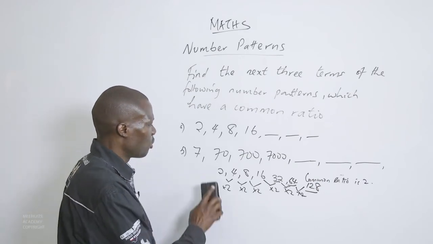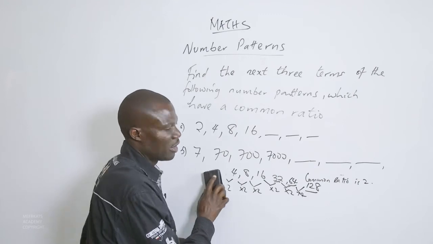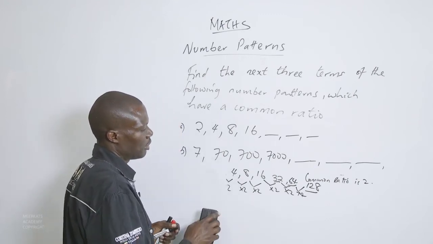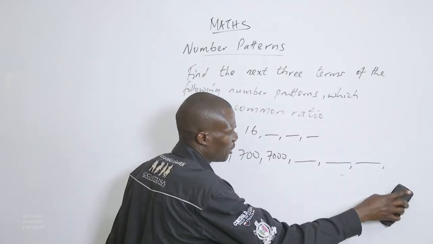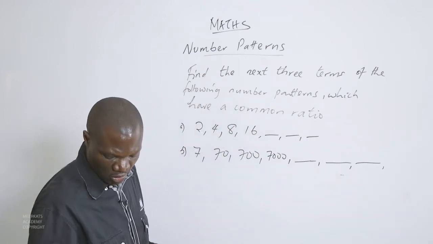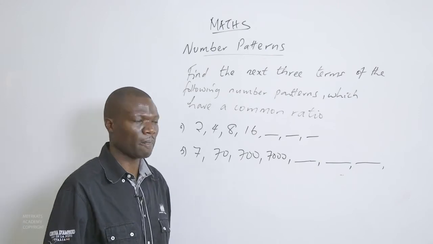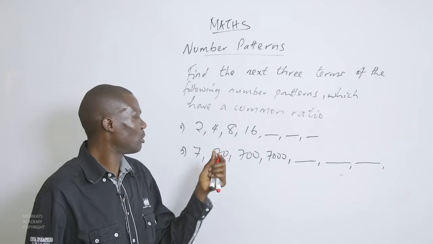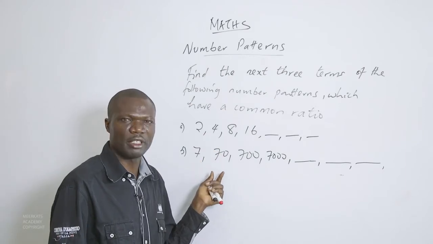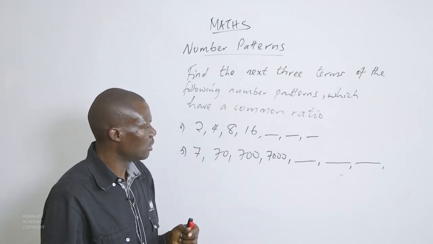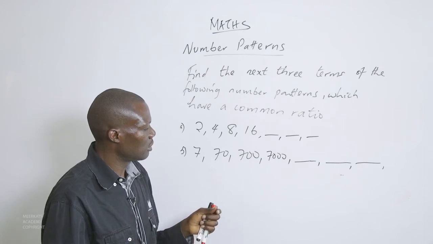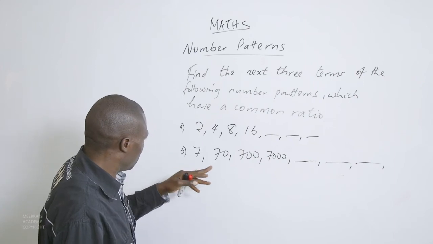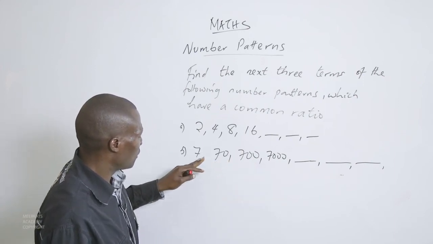But sometimes we are looking at the numbers formed by 10, or the multiples of 10, and when you go to such a question, it will bring us to question number 2. In this question, we have 7, 70, 700 and 7,000.